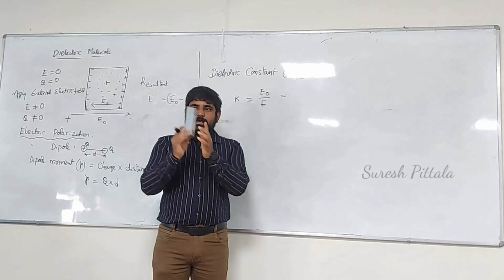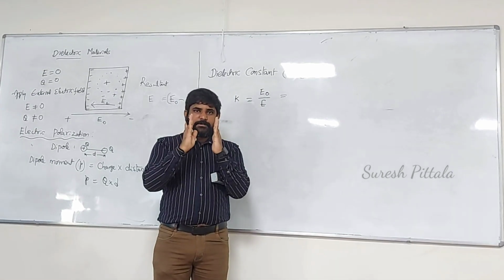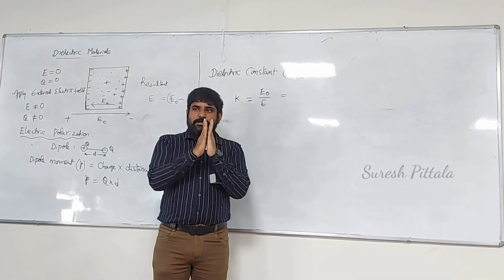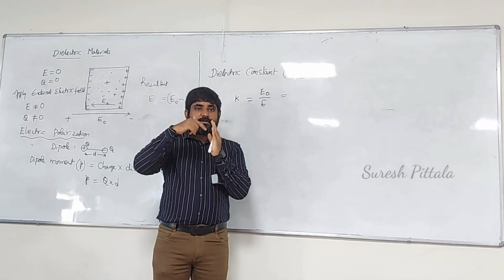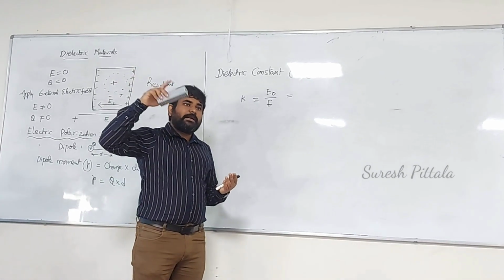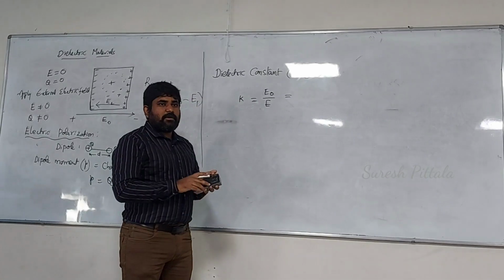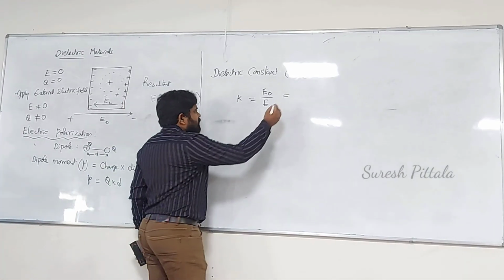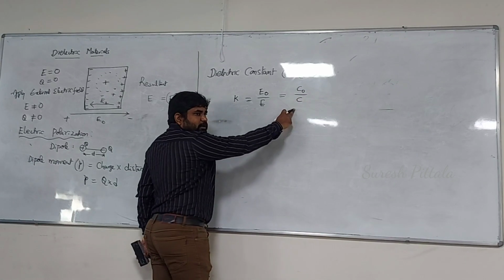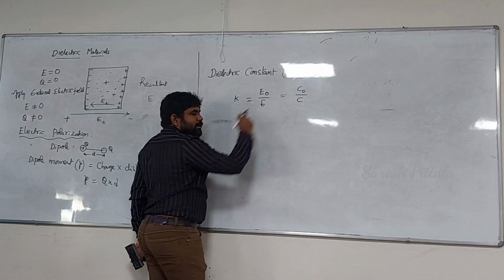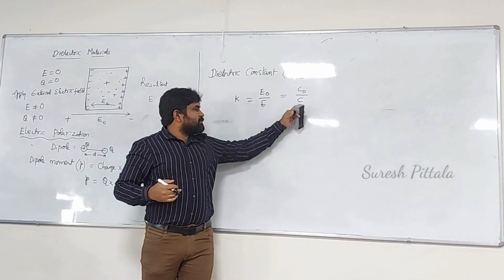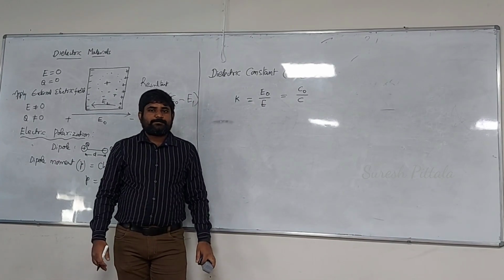A capacitor has two simple metal plates with nothing inside, but when you keep the dielectric material, the storage of charge shoots up by the factor of that material's property called K. Previously it was C0, then with the dielectric material, the capacitance increases to K times C0. So another way to define it is C by C0.